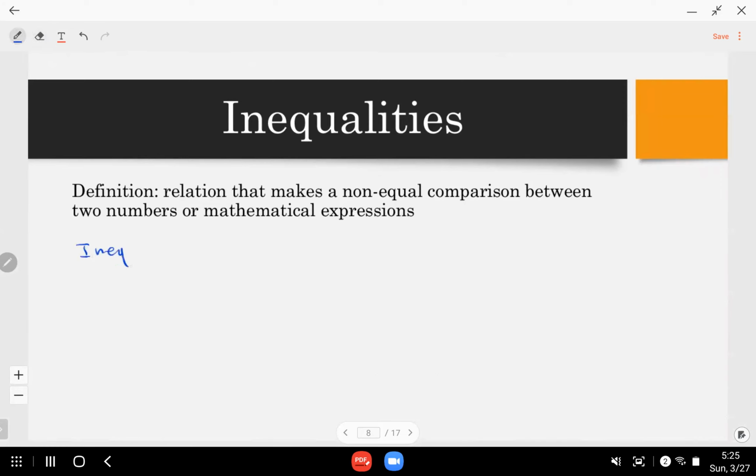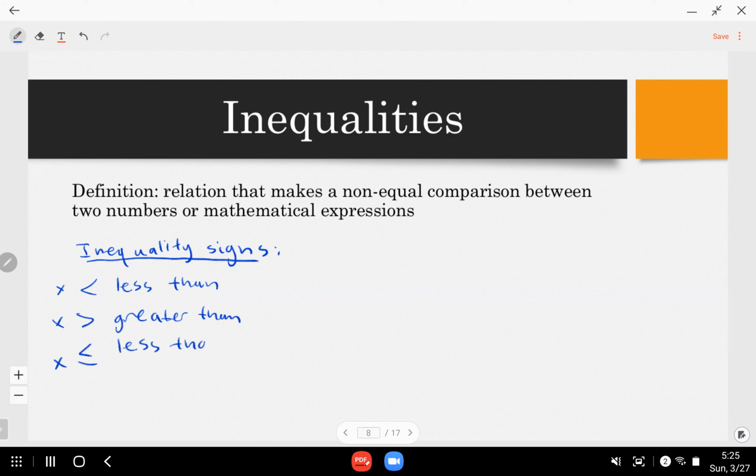We have the greater than, assuming this is x. Then we have the less than or equal to. And then similarly, we have the greater than or equal to.